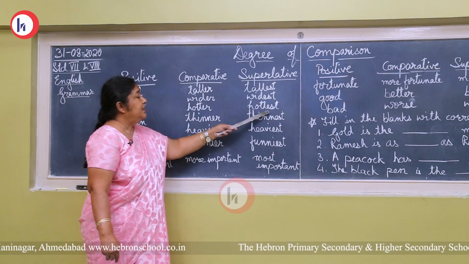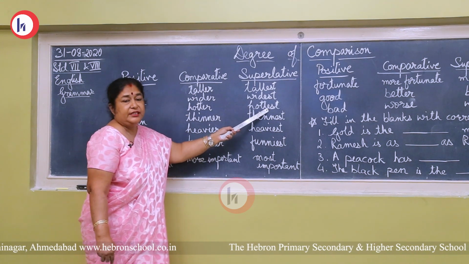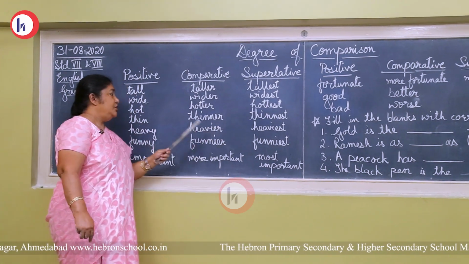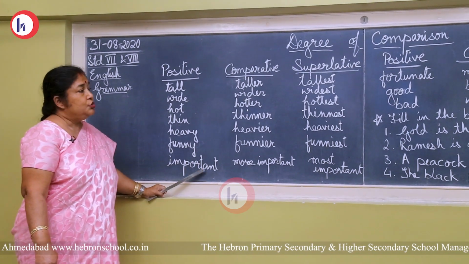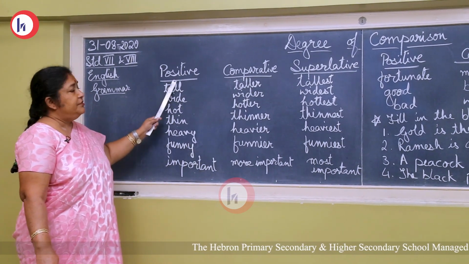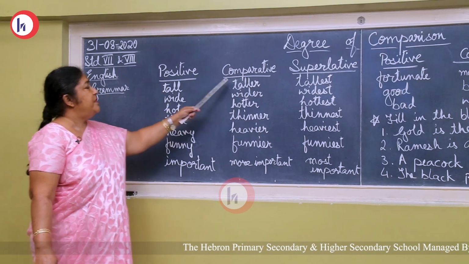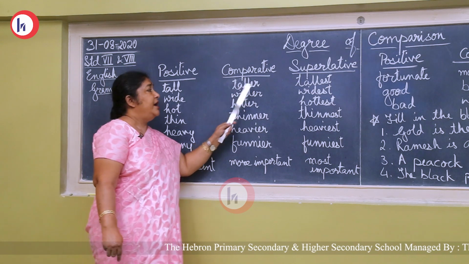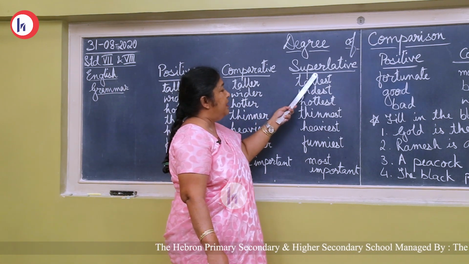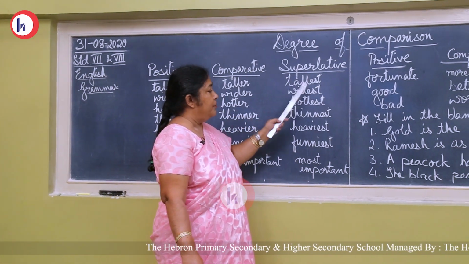And we can say sun is the hottest among all the stars. So, it differs when we talk about more than one. Positive, we talk only about one; comparative, we talk about 2; and in superlative we talk about 3 or more.